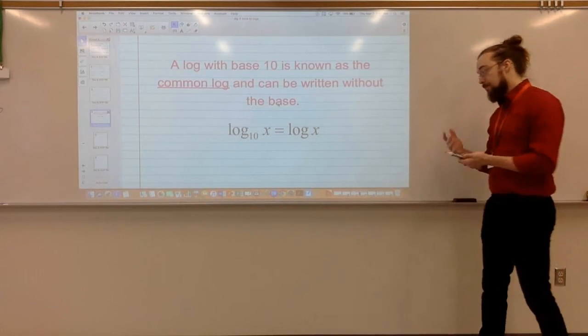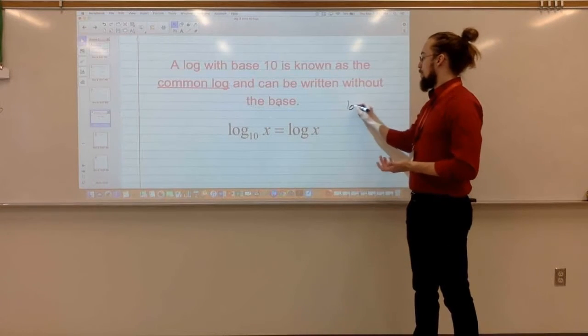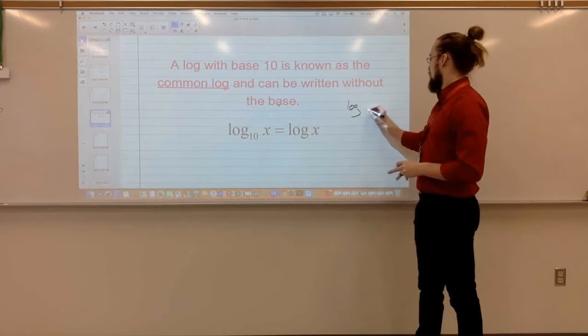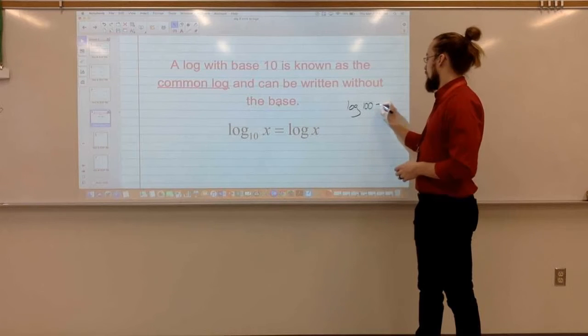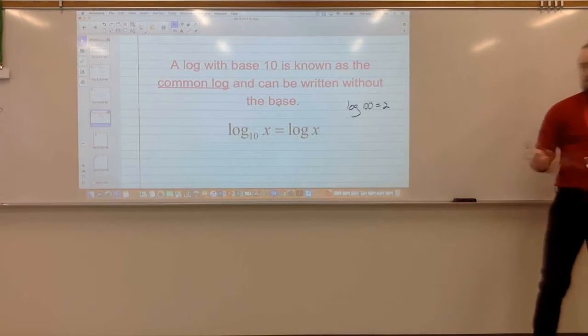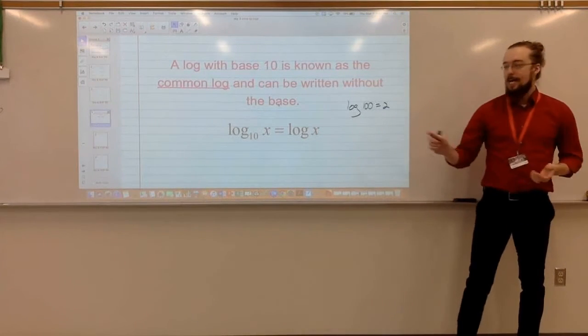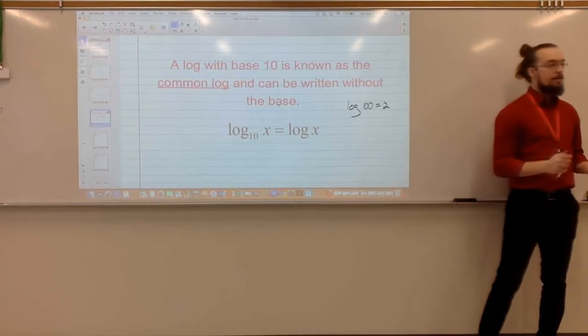And that's especially important if you're trying to rewrite a log as an exponential. If you just see log of 100 equals 2, well, if I'm trying to rewrite this as an exponential, I need to know that if there is no base written, it's implied that the base is 10.